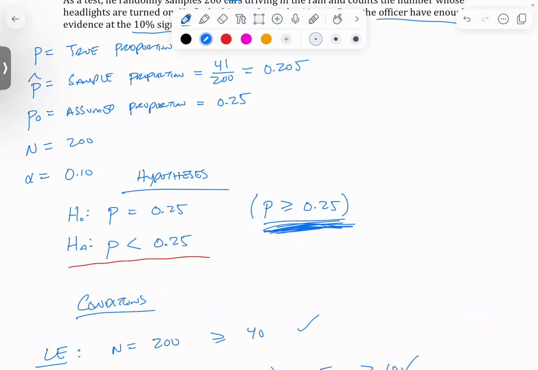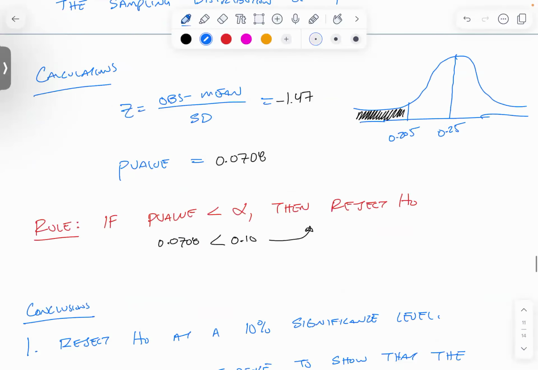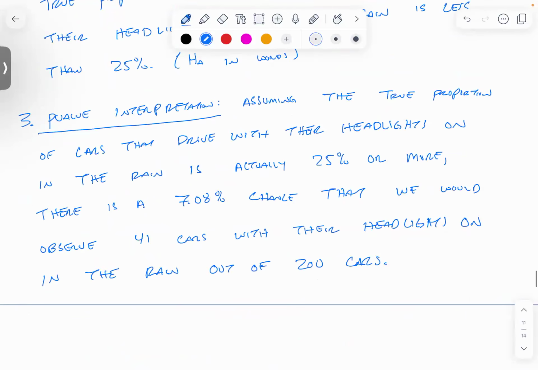That's what the null hypothesis actually says, and that's important in your interpretation as well. There is a 7.08% chance that we would randomly observe 41 cars with their headlights on in the rain out of 200 cars.